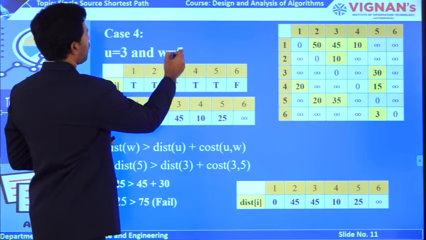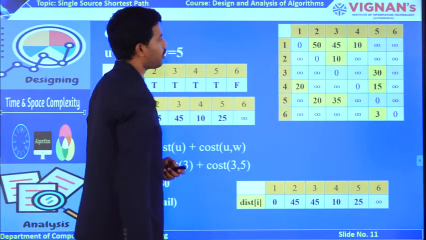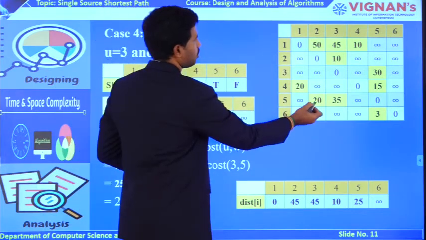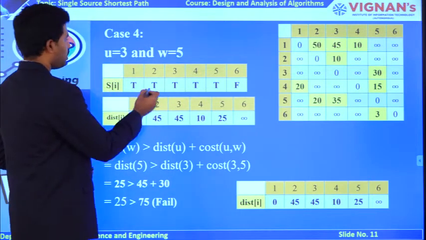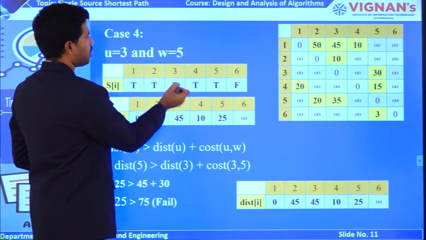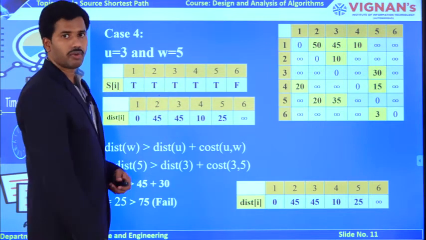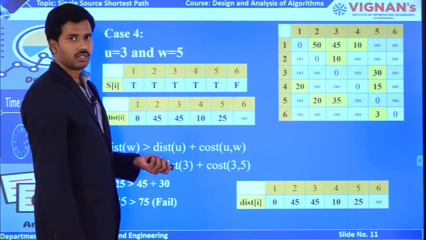So my u becomes 5. If you observe here, from 5 you can reach only 2 and 3. But in the solution vector, S of 2 as well as S of 3 are already filled with the Boolean value true, which means you already visited them.